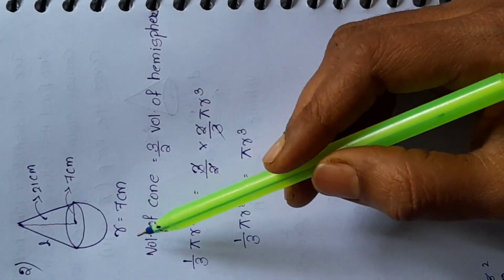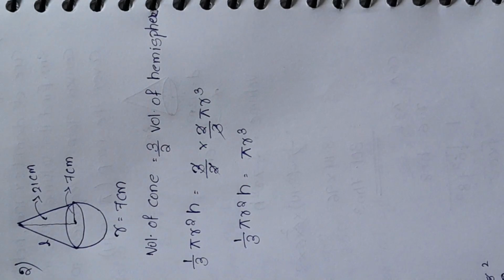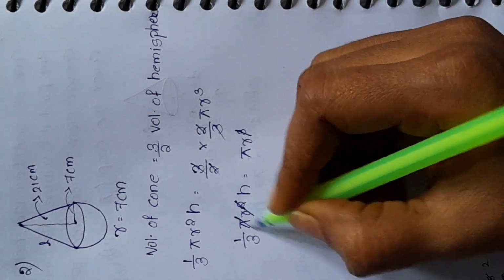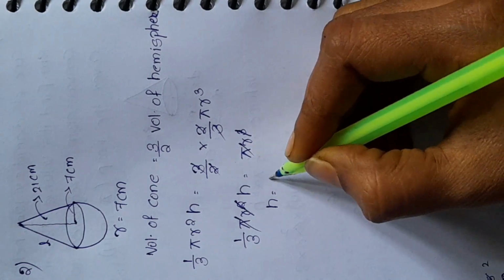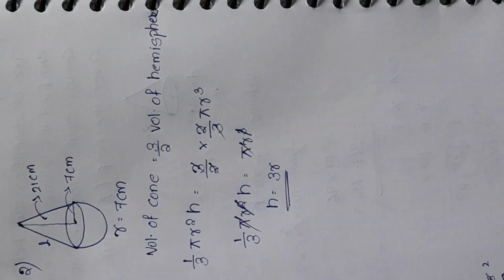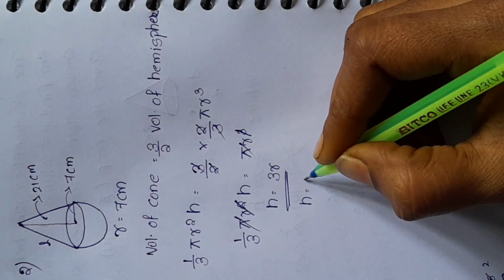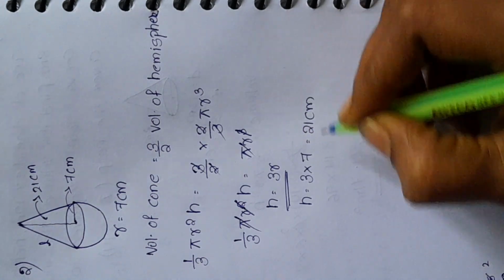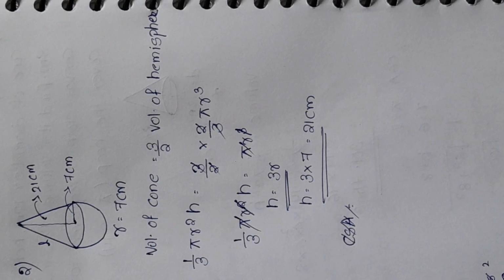Here in both of this cone and the hemisphere, the r value is same. So cancelling 2 r's and 2 r's here, pi and pi, h is equal to 3r. But we know r is equal to 7 centimeters. So h becomes 3 into 7, that is equal to 21 centimeters is the height of the cone. The first part is over.